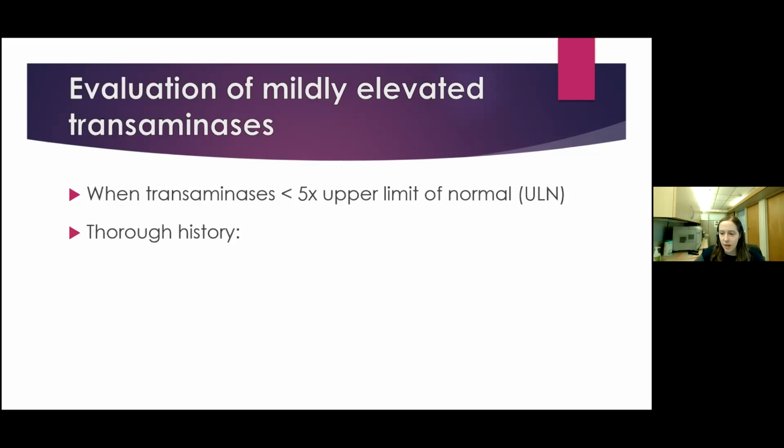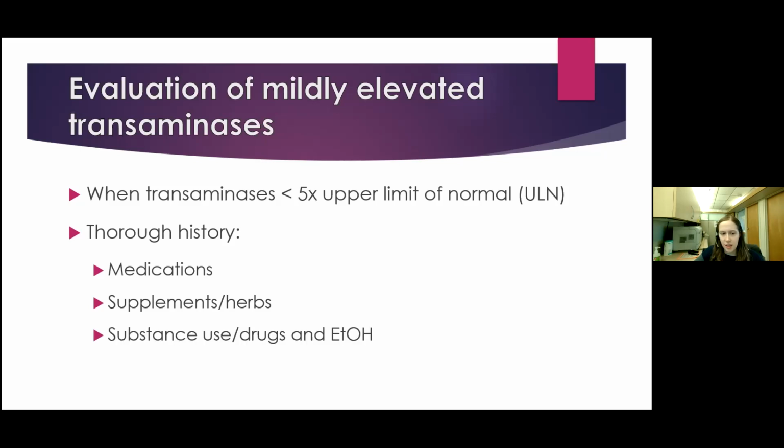And like I mentioned, you want to be taking a thorough history, asking about things like medications. Is this patient on any supplements, over-the-counter meds, any herbs that they're taking? And then things like substance use. We classically talk a lot about alcohol and liver disease, but other drugs can cause elevations as well. In particular, cocaine can cause asymptomatic elevations in the LFTs.